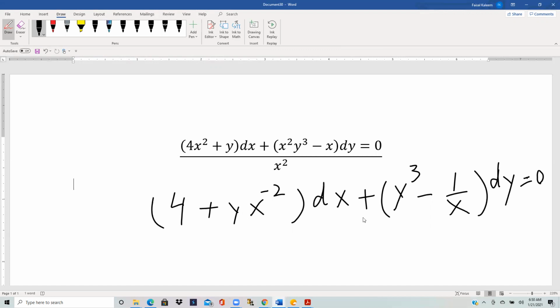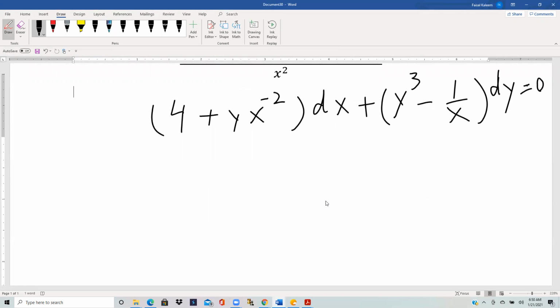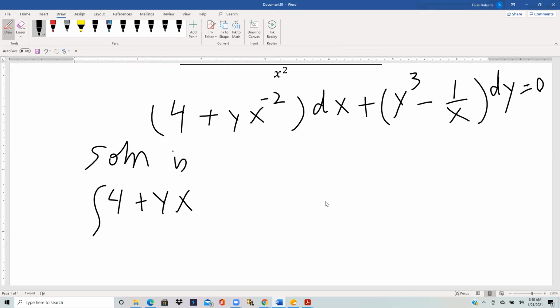And so this is an exact equation, and then we know that the solution is: you do the integral of M dx, 4 plus y x to the -2, and you do terms of N that are independent of x.